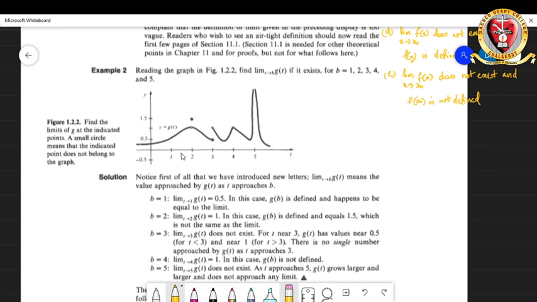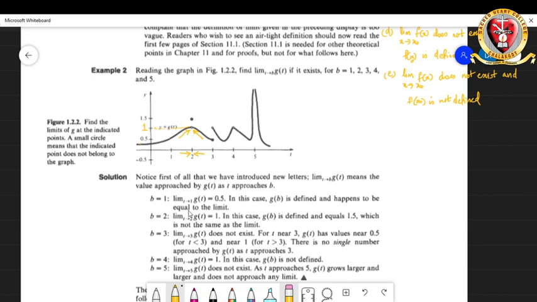Now let's look at limit t tends to 2 g of t. So we are moving like this, right? From the left we are moving, from the right we are moving towards 2. That means the function is moving towards here, right? So what is that point? The point is this one. This is 0.5, this is 0.1, so this is 1.